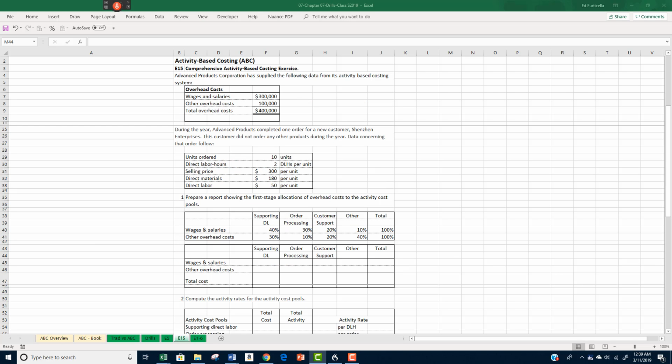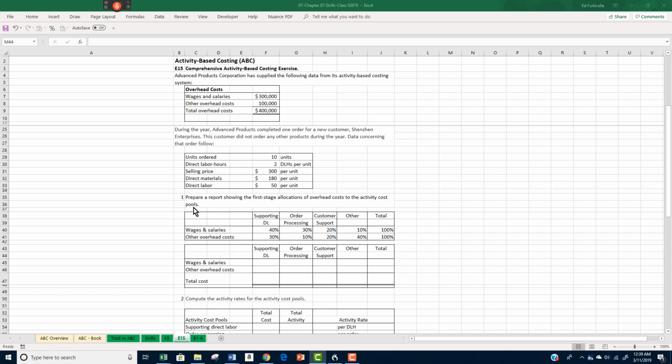We're on step 2. In step 2, we need to assign the overhead costs to the cost pools. And remember, that's called first stage allocation. So in our required 1, it says prepare a report showing the first stage allocation of overhead costs to the activity cost pools.